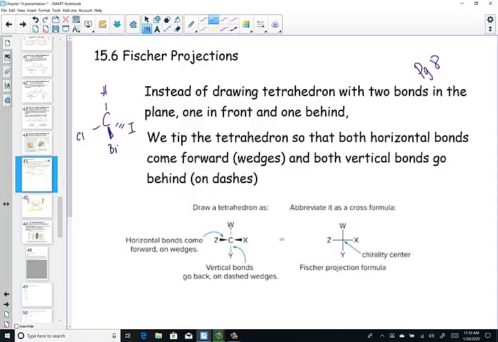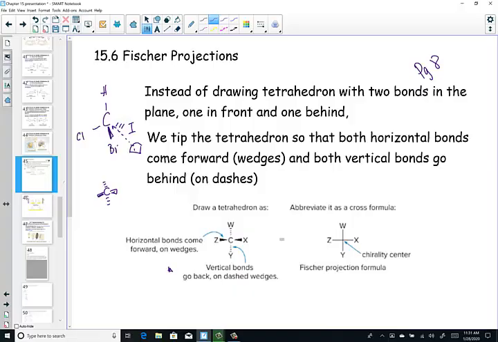So move your eye to investigate a different vantage point, whereas now your eye, kind of looking here, you're going to be looking so that both of those are coming right towards you. So when we look at it that way, you can see that we end up having two wedges coming out, and then going behind the page would be the other two attachments.